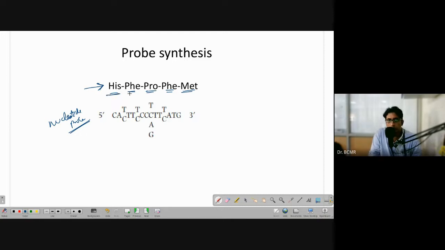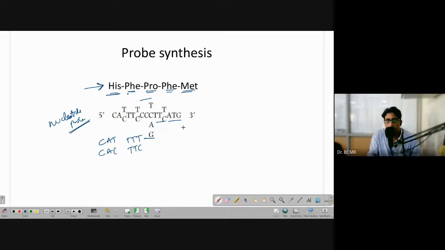So you can choose regions consisting of amino acid stretches which are coded by a lesser number of codons. Say, for example, I think histidine is coded by CAT and CAC, phenylalanine by TTT and TTC, and proline, I think, is coded by 4 codons, and ATG for methionine.